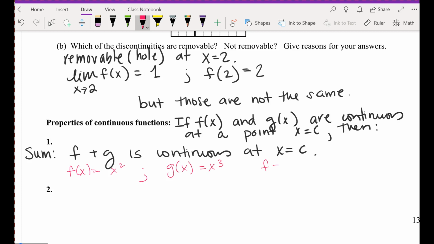If I add these 2 together, I would have x to the 3rd plus x squared. I'm going to pick a random c location, like 2. Is f continuous at 2? Is g continuous at 2? Now, if we add those 2 functions together, is this continuous at 2? Yeah, so that's really what that means.